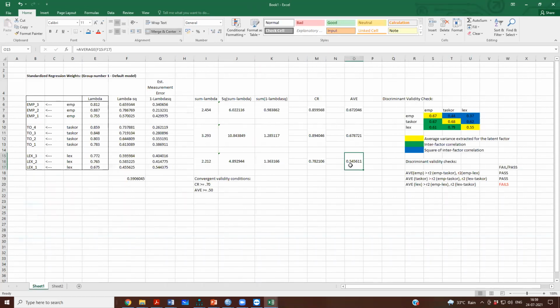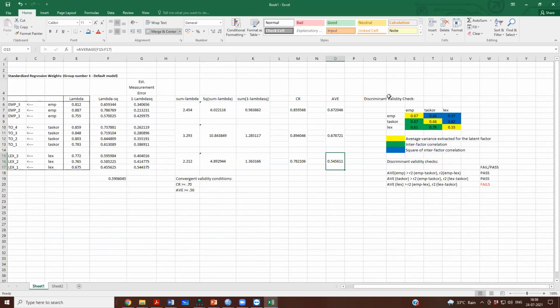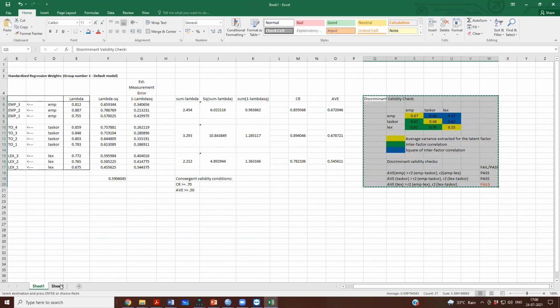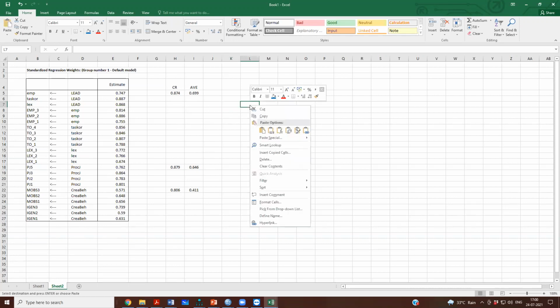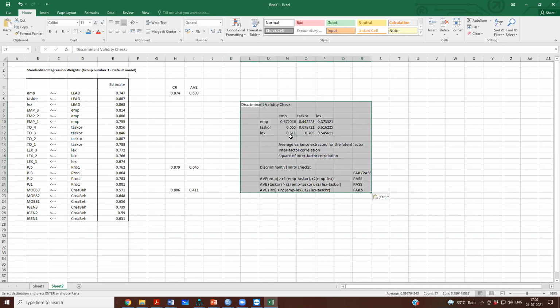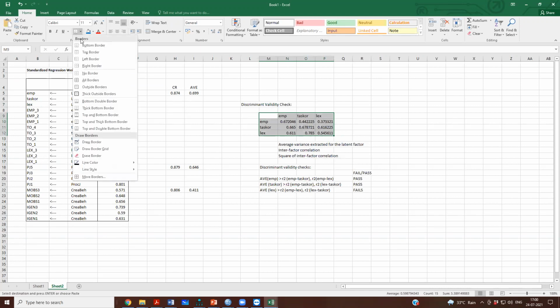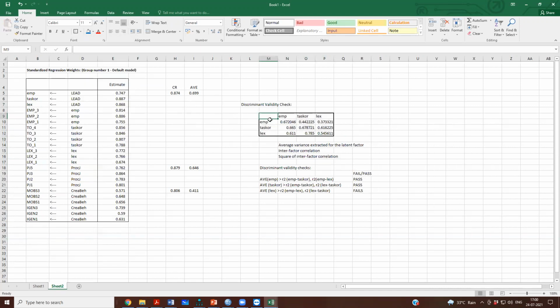So we will copy this table. So we'll check this again now. We will compute the discriminant validity condition. Okay, so we'll just copy it here. So this is our table that we want to work for discriminant validity.